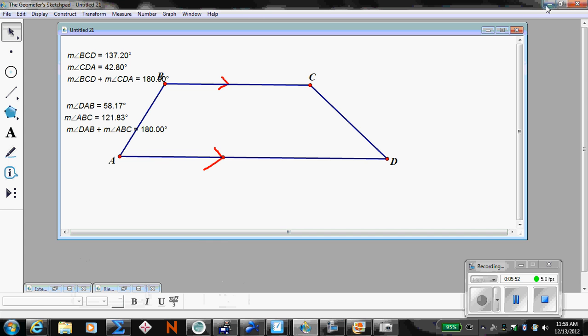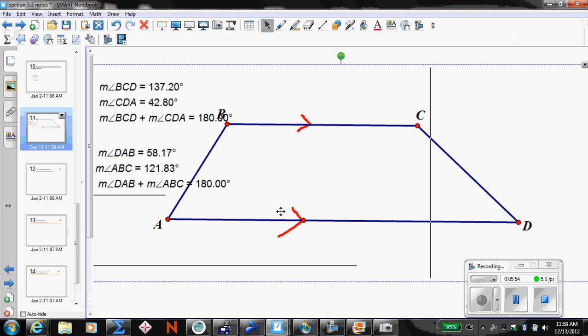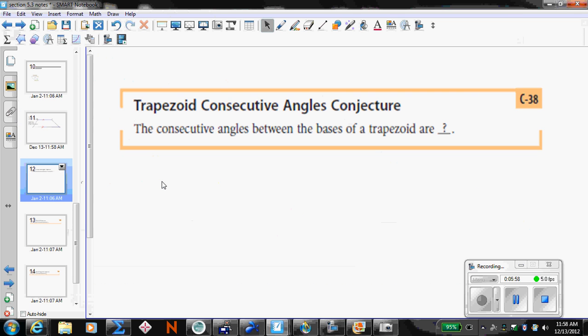Okay, so let's write some conjectures having to do with trapezoids. The first one is going to be: the consecutive angles between the bases of a trapezoid are, what do you think it's going to be? The consecutive angles between the bases of a trapezoid. What did we just decide when we measured those?